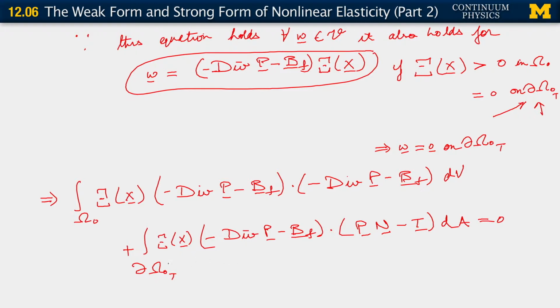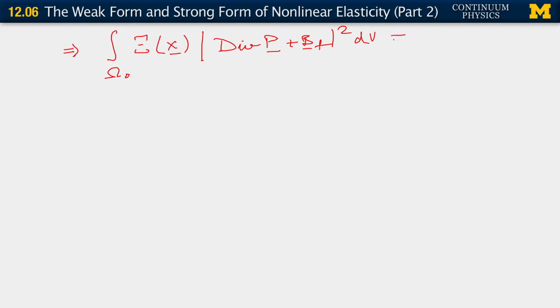But that implies that this entire term is equal to 0, leaving us with a situation where integral over omega naught chi function of x times the Euclidean norm of our vector divergence P plus BF, the whole square, dV equals 0.